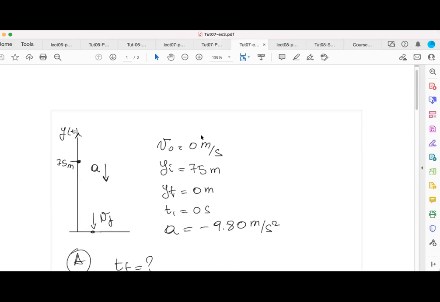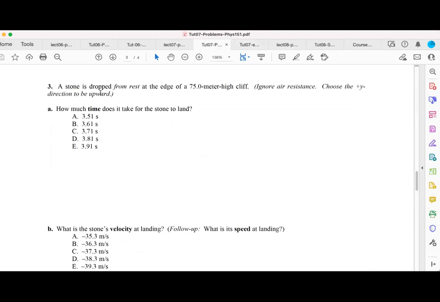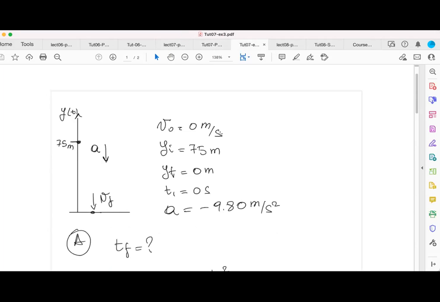So here we have 75, those are the data of the problem. We have 75 meters. Initial velocity is equal to 0, right? The stone is dropped from rest. This is the key word, from rest. So write v naught equal to 0 meters per second. We said y initial is 75 meters, y final is 0.